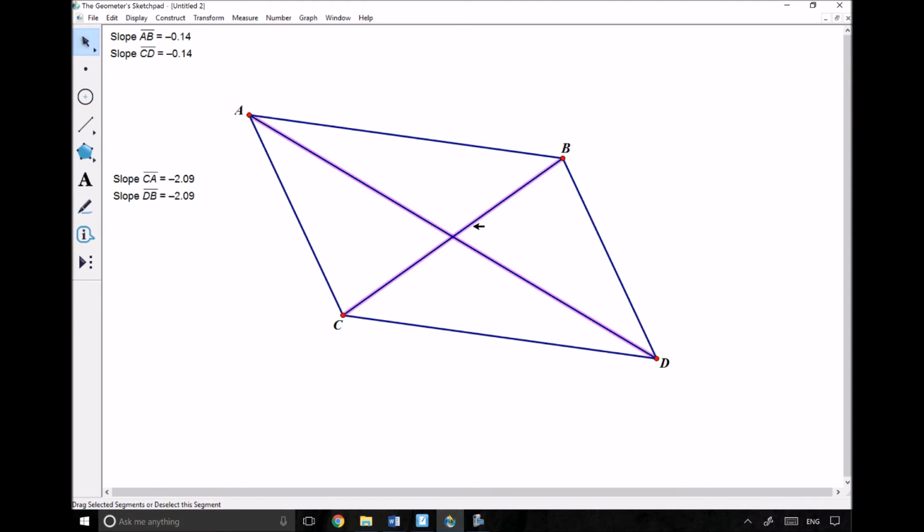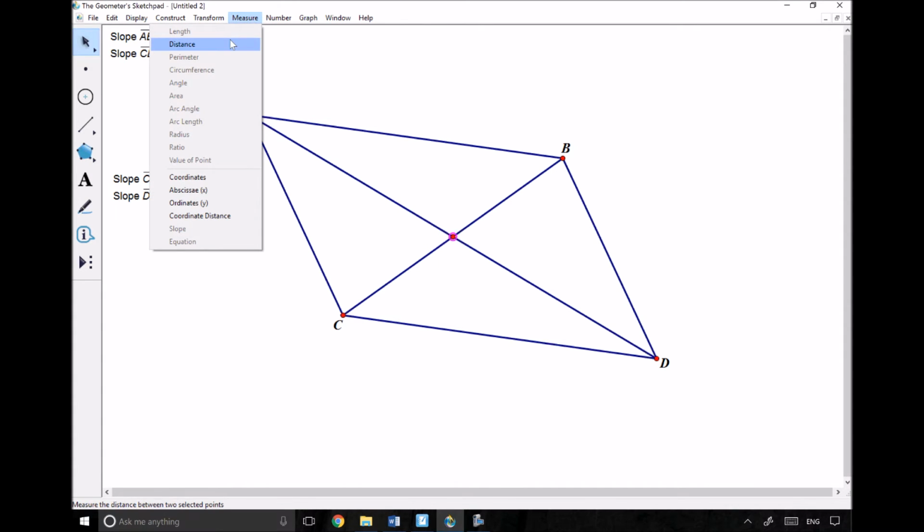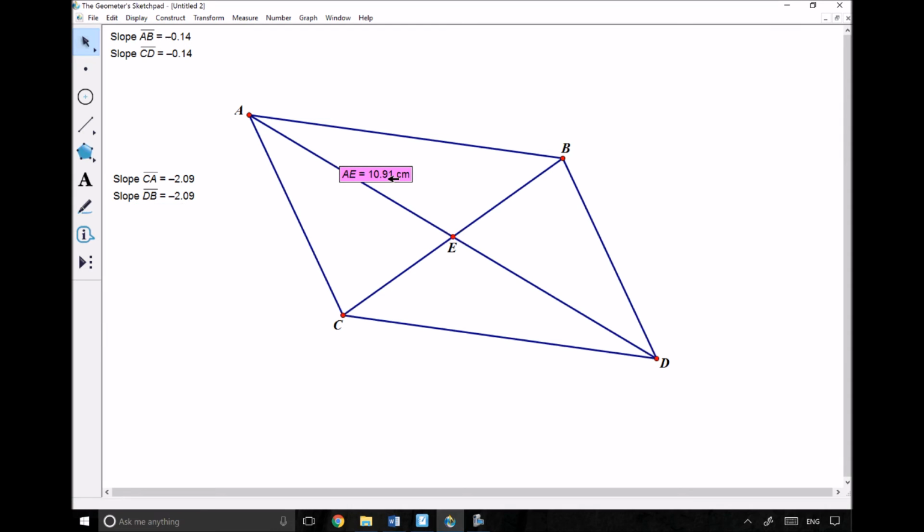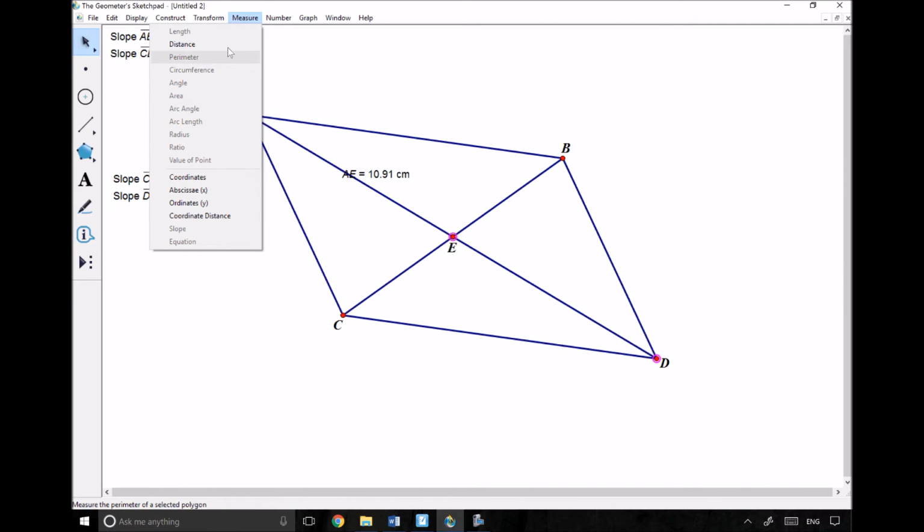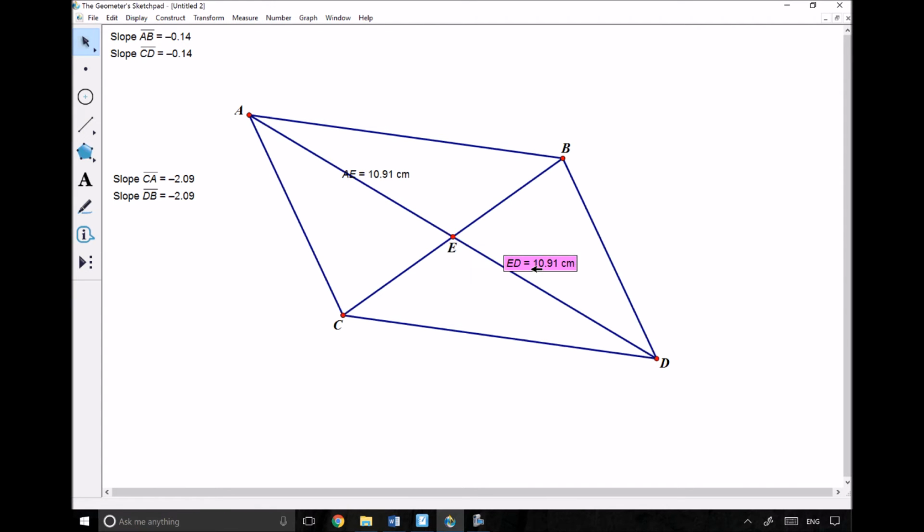What I want to see is the length of the segment AE. So I'm going to measure the distance, and it tells me that AE is 10.91 centimeters. Then I measure ED as well, and it tells me it's also 10.91 centimeters.